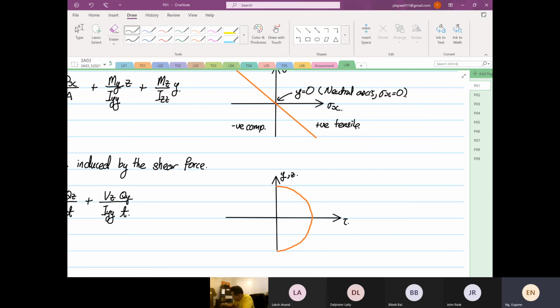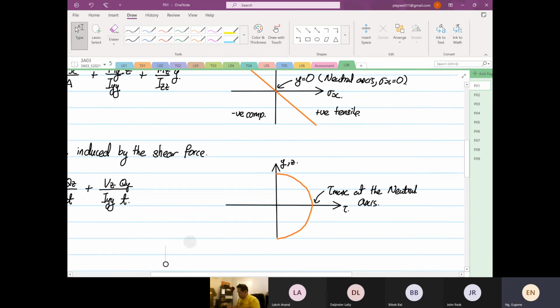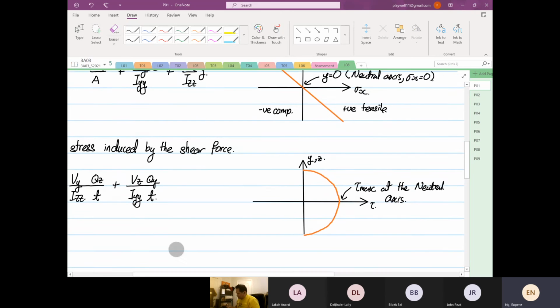Okay, so at the neutral axis, this is our tau max at the neutral axis. Something is different now, right?